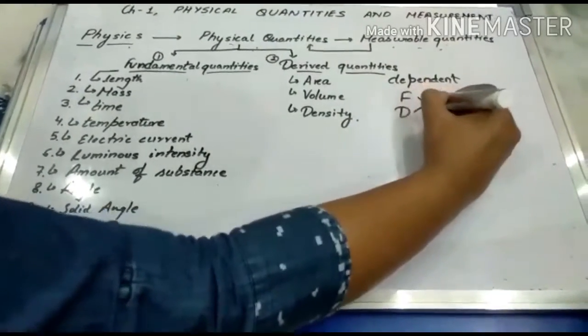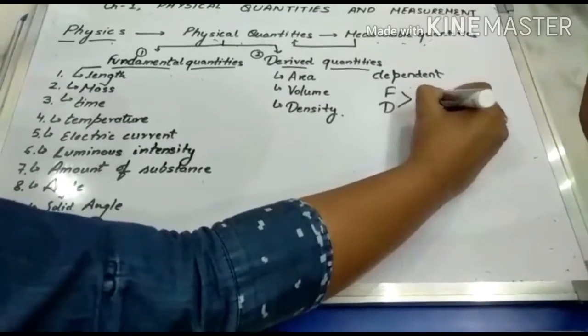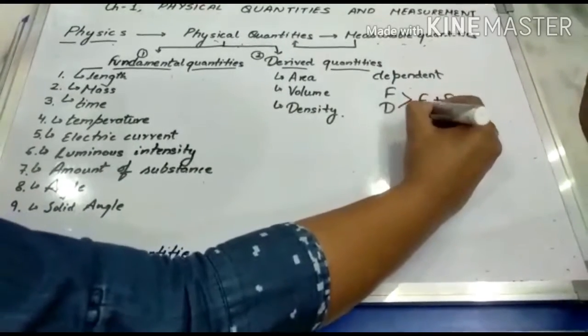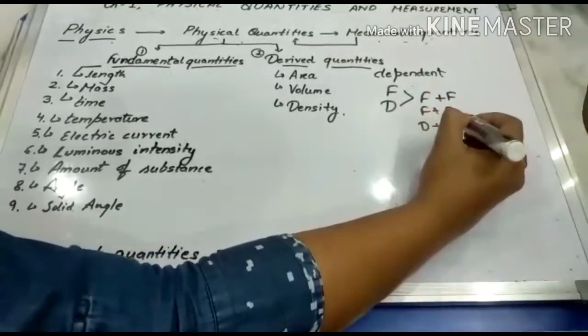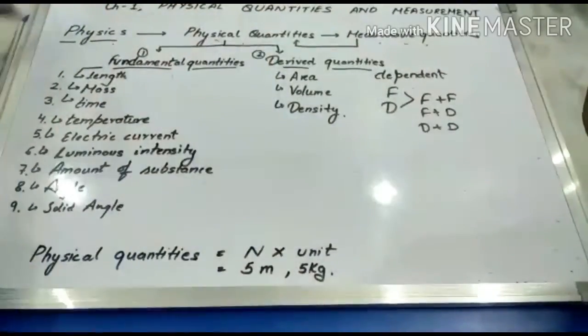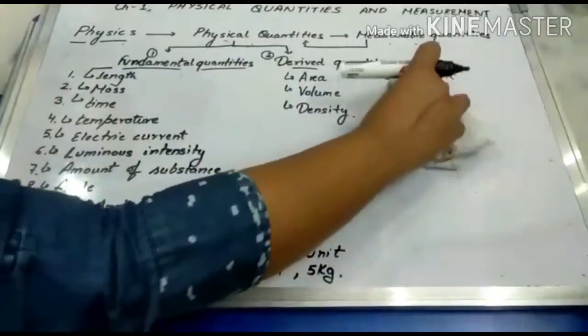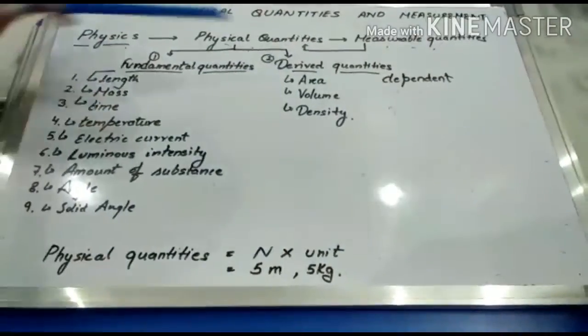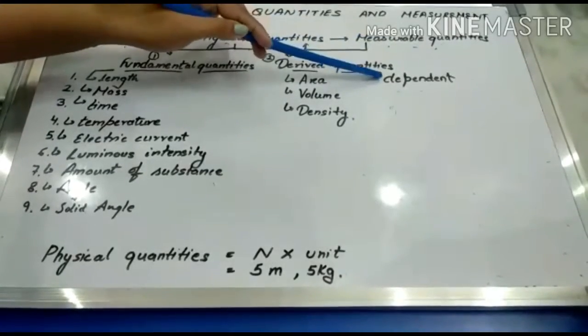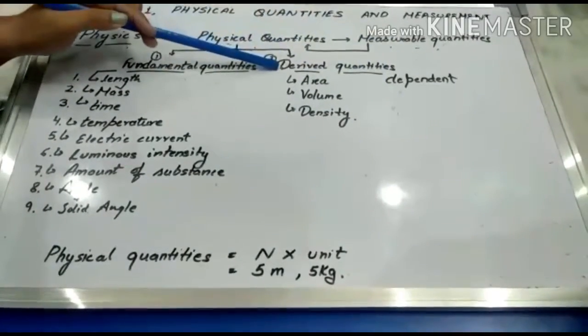So what I mean to say is two fundamentals can make one derived quantity. One fundamental and one derived can make one derived quantity, and two derived can also make a derived quantity. So, derived quantities are those quantities which are dependent in nature and they depend on other quantities for their formation.